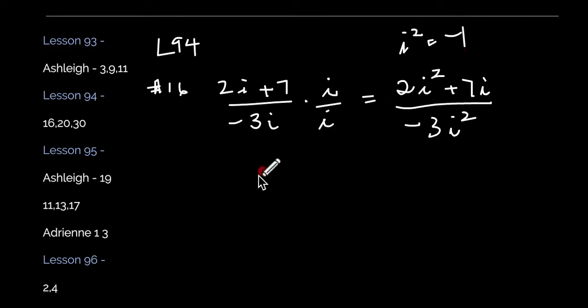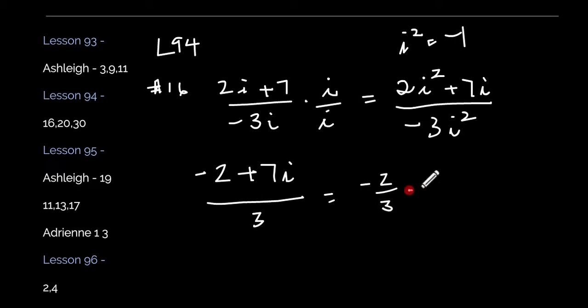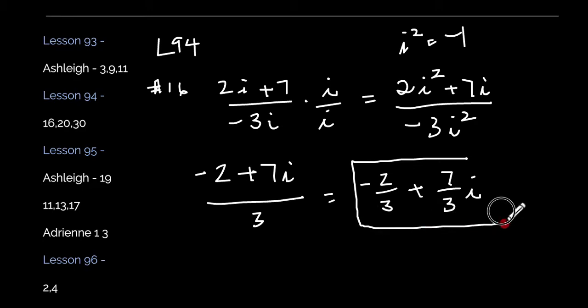You need to know that for the SAT. So we're going to get negative 2 plus 7i. The same thing down here. i squared is negative 1. Negative 1 times negative 3 is going to be 3. And you just want to separate this out into the real part and the imaginary part, and that's called a complex number. So that is lesson 94, number 16.